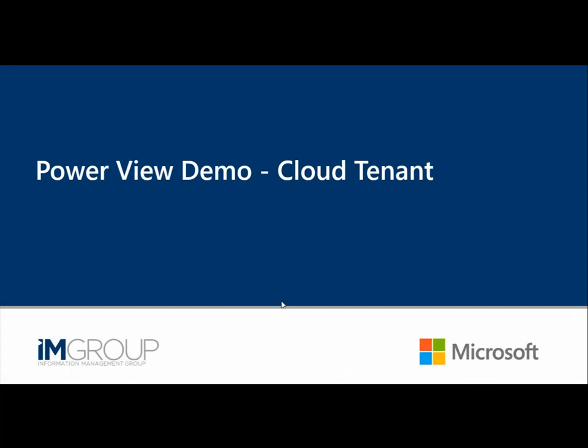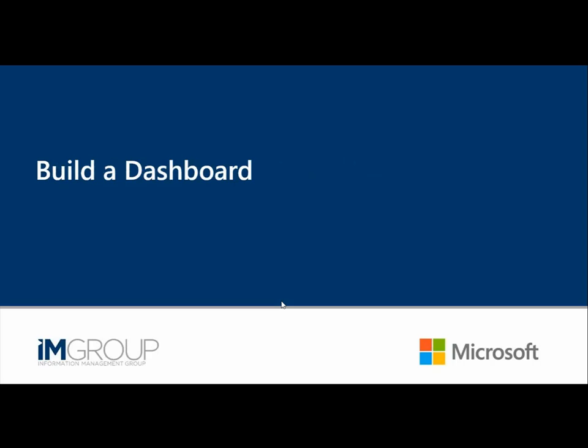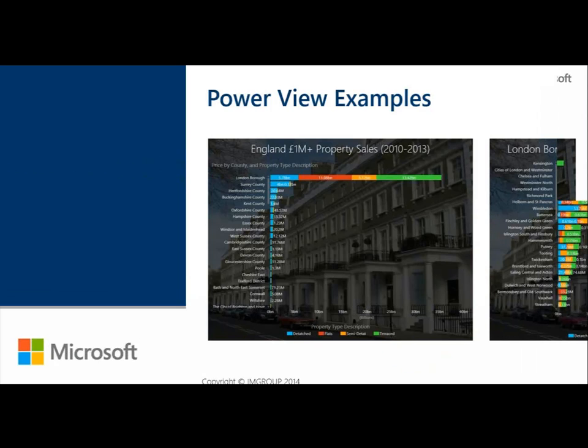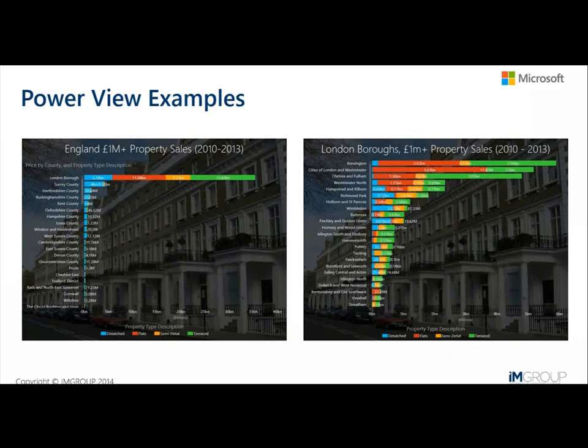So I'm just going to go back to my slides to show you some other examples that I've done. So these particular Power Views, as you can see, don't have multiple charts on them, but essentially this is just using a simple drill from constituency to ward in terms of area.